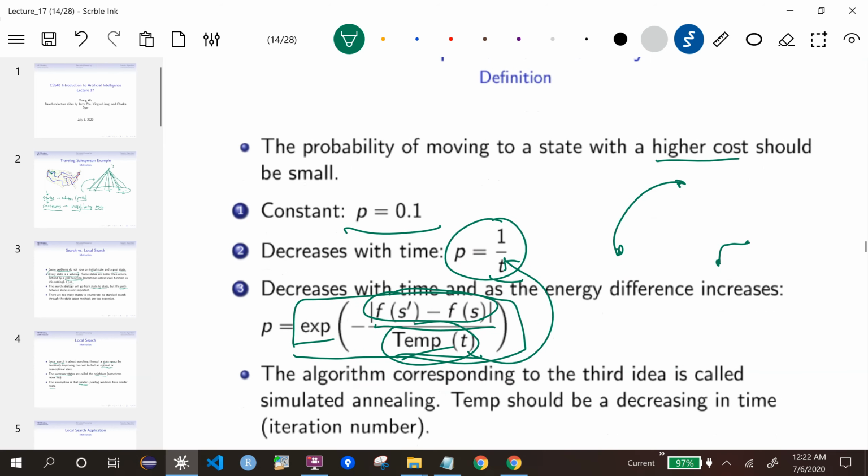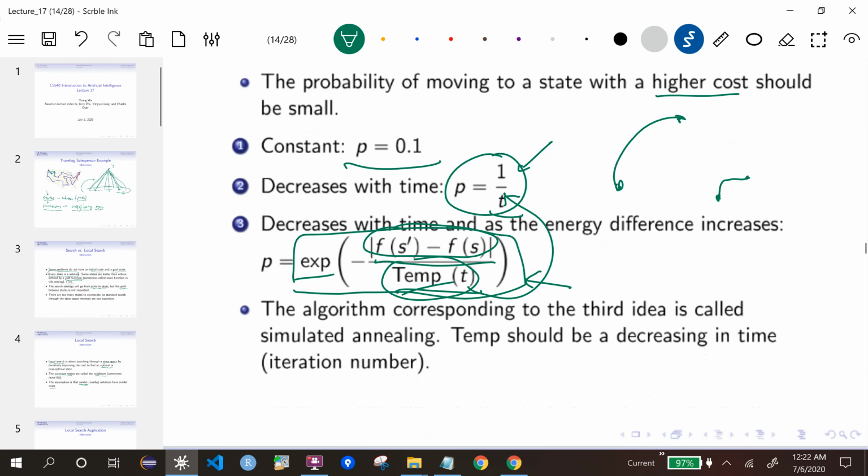So it's basically the same idea as decreasing over time, but it's just a particular function that we chose that we think is kind of reasonable to put. And that particular choice of probability of moving to a higher cost state is called simulated annealing.